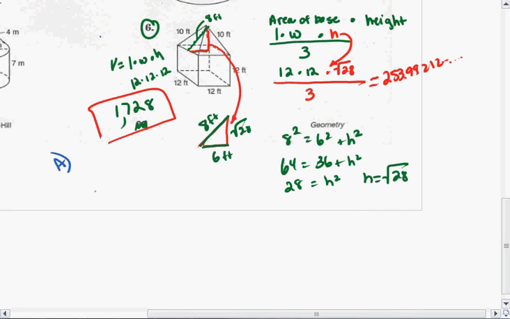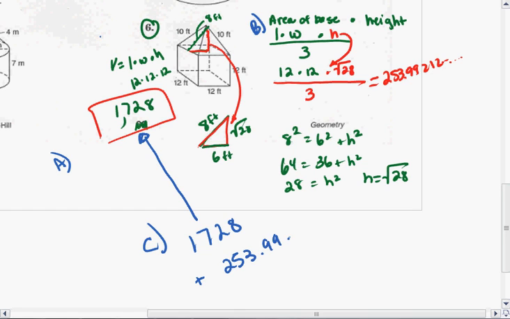Remember that box? So here was B. So this is part B. And now in part C, we're going to add the 1,728, this value here, to the 253.99, this value here.